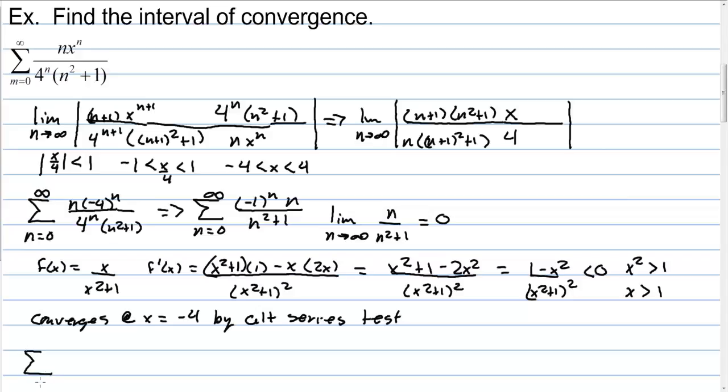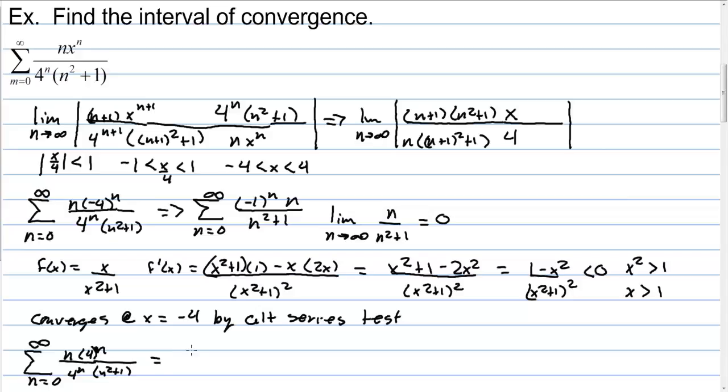Let's look at that series. We have the sum as n is going from 0 to infinity of n times 4 to the n over 4 to the n times n squared plus 1.